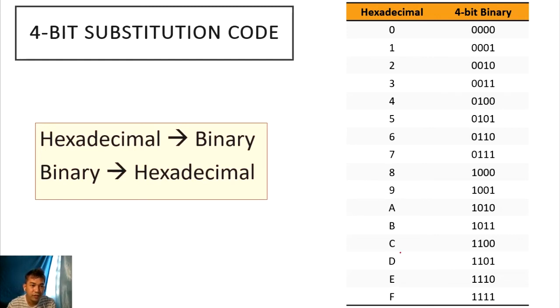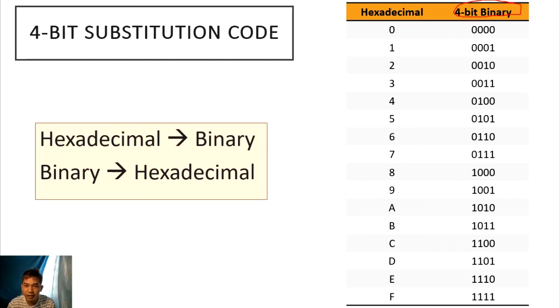Okay, now let's move to another technique using 4-bit substitution code. So we will be converting hexadecimal to binary, binary to hexadecimal. So same with the 3-bit binary, meron tayong table, no? But by this time, we are using the 4-bit binary codes.